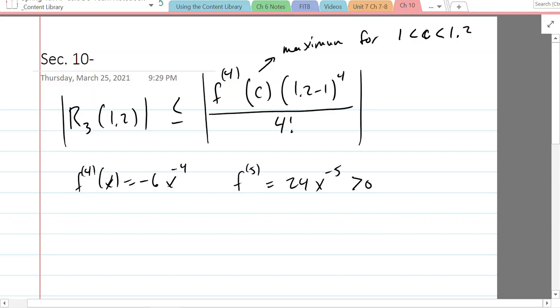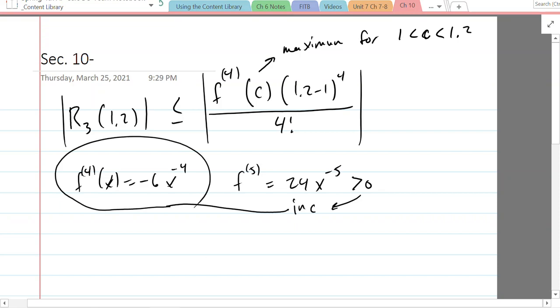Since it's positive, that tells me that the 4th derivative is increasing.